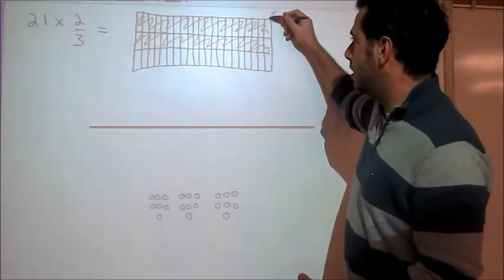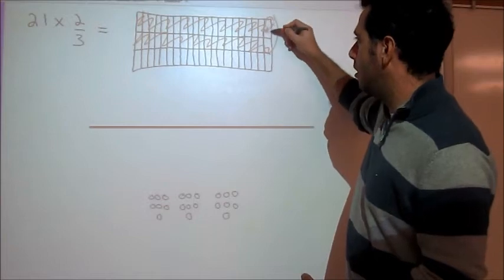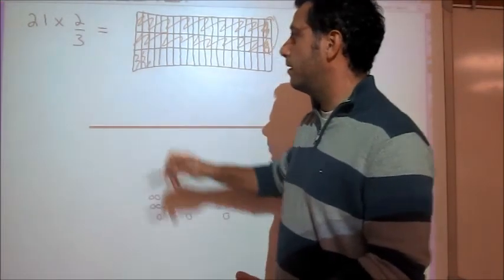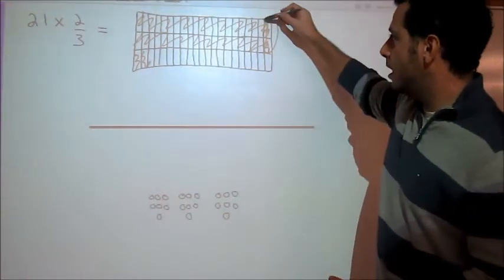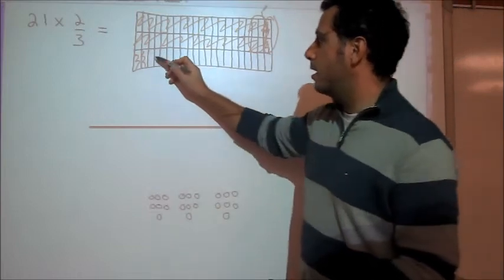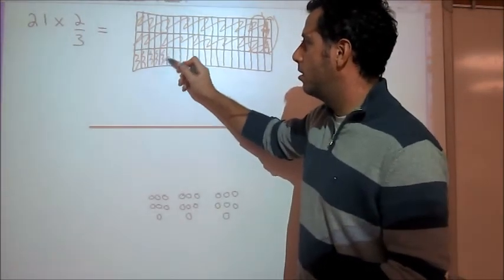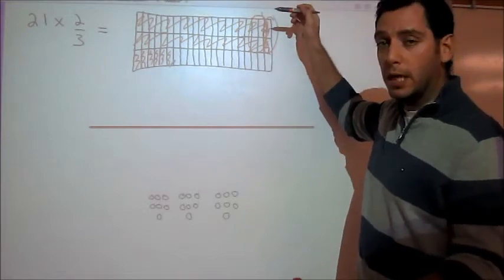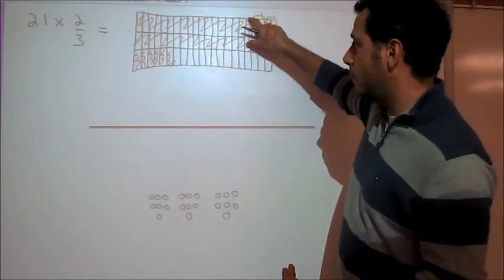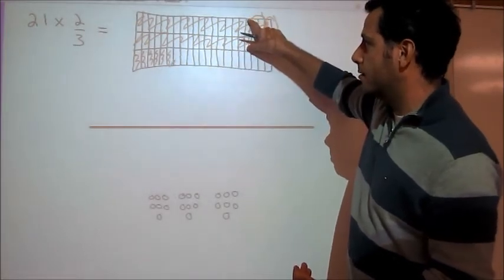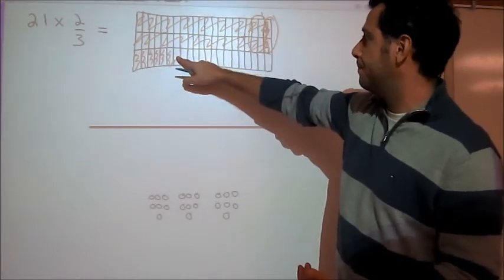So for example, I could take these 2 shaded in thirds, and I could color in these 2 over here. And I could take, let's say, these 4 over here, and I could shade in these 4 over here. I'm just going to continue going like that until I run out of shaded thirds to fill in the empty spaces.